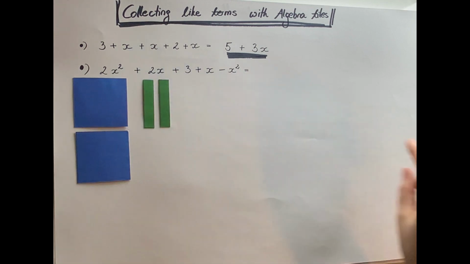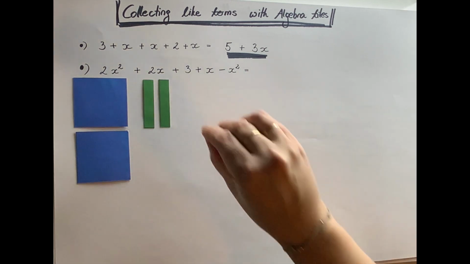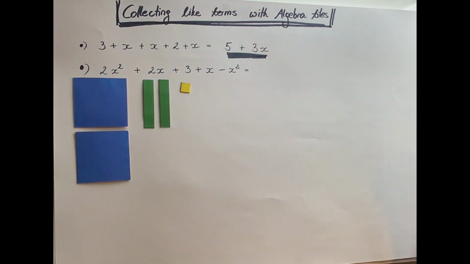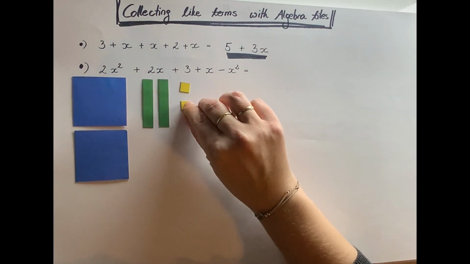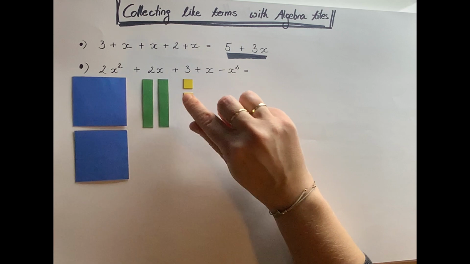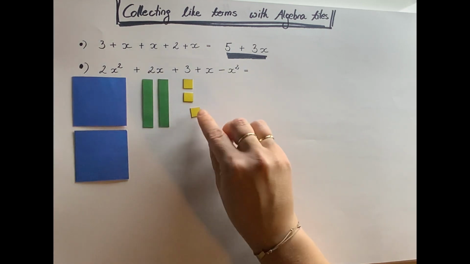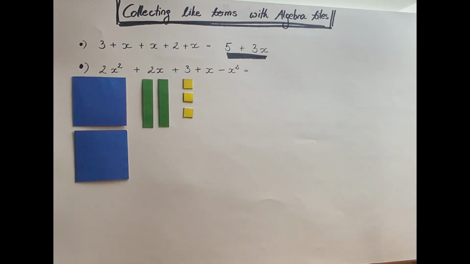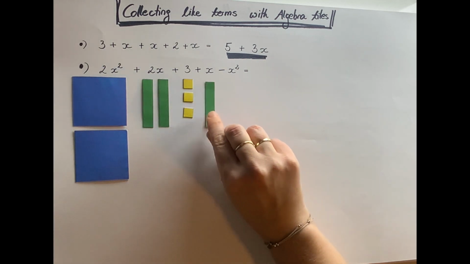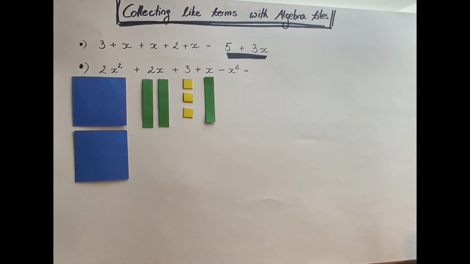Then we are looking at 3 units. So we're going to put 3 unit tiles there. 1 unit tile, 2 unit tiles, and another unit tile here. Then we have here 1x. And now, for the first time, this becomes interesting because now we have a negative x squared.